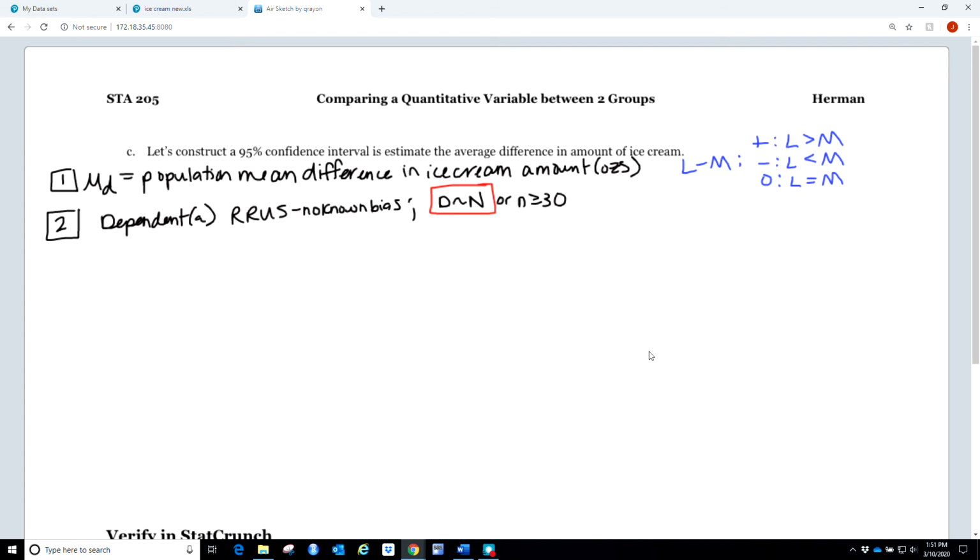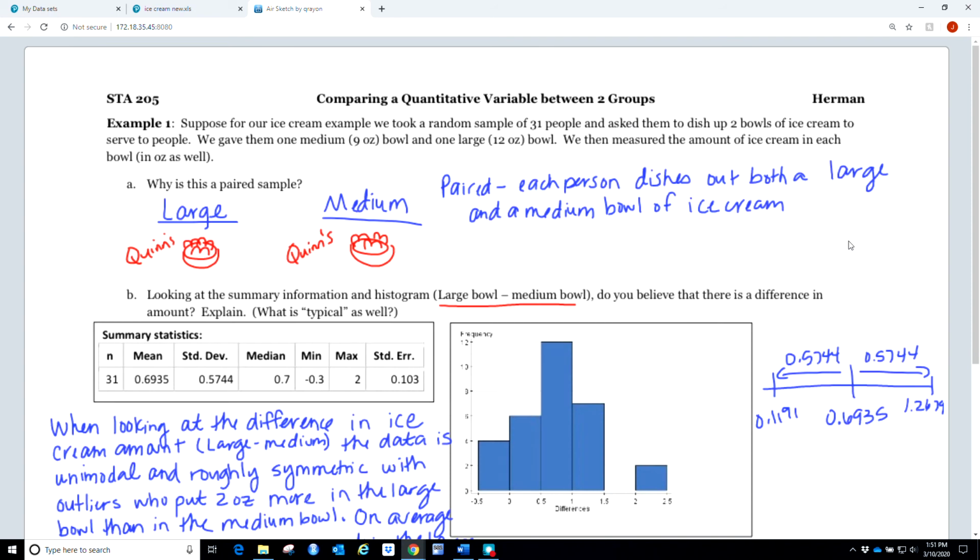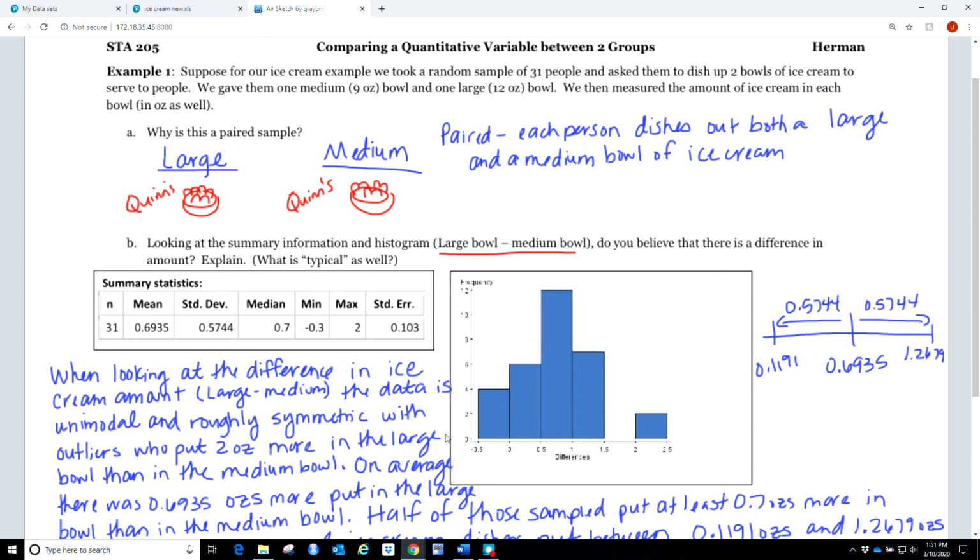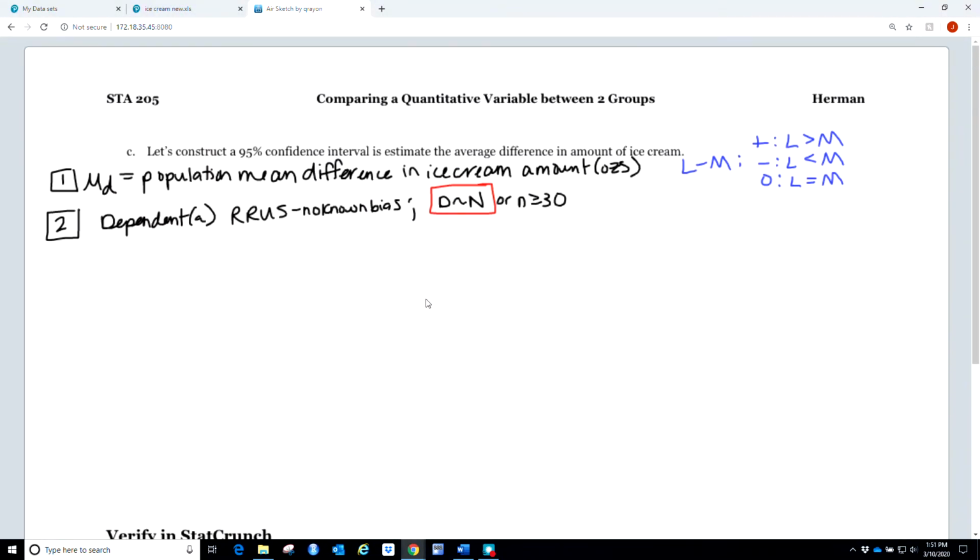Let's talk through the differences being normally distributed first, because that is technically what this histogram is giving me, and I described its shape as being unimodal and symmetric. So if my graph is unimodal and symmetric, I should feel comfortable in saying that my differences here are normal.